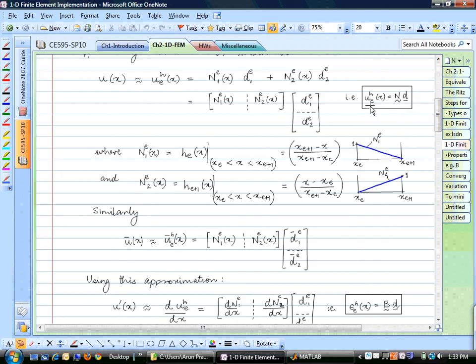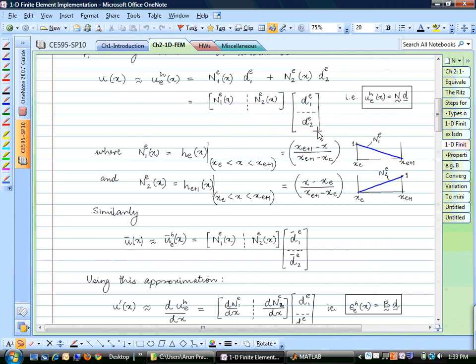So once you introduce this approximation for your solution, you can take the derivative of this. What this says is that you can approximate the solution at any point in the element in this manner. Note that this is a scalar function of a scalar variable x, and it is expressed as a matrix times a vector. This matrix itself has entries which are functions of x.